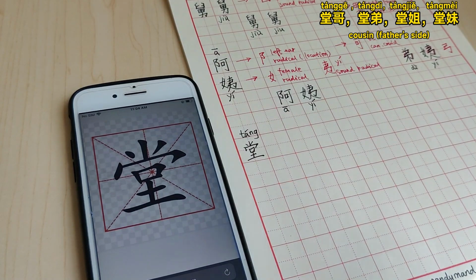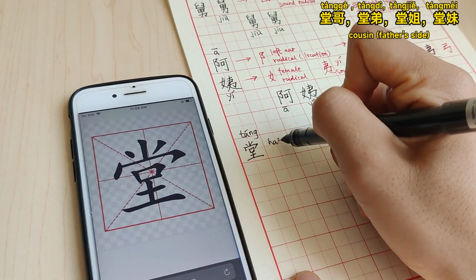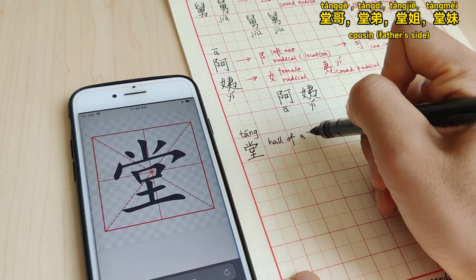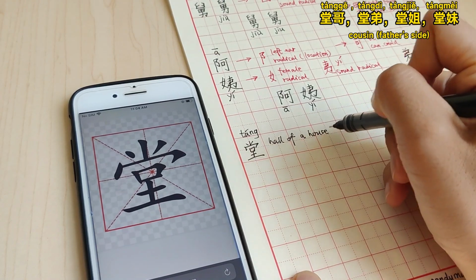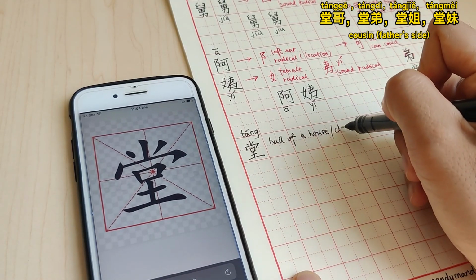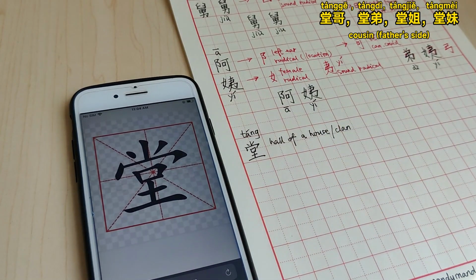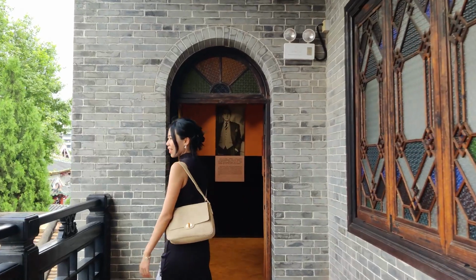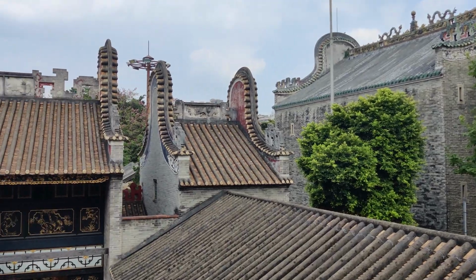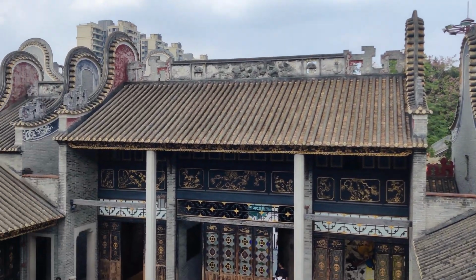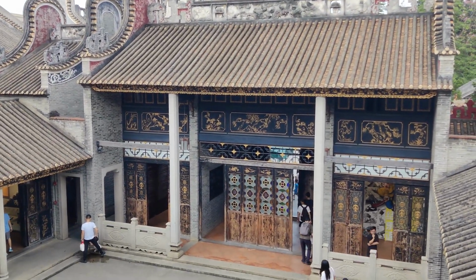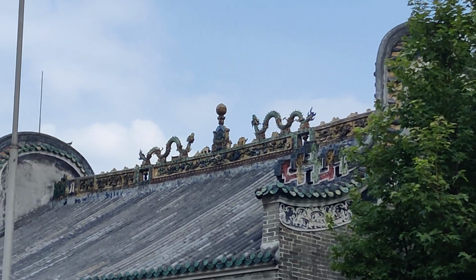And 堂 means hall of a house or a claim. Okay, what is a claim? A claim is a building like this. It's for the family, the big family, to get together and have some family activity.